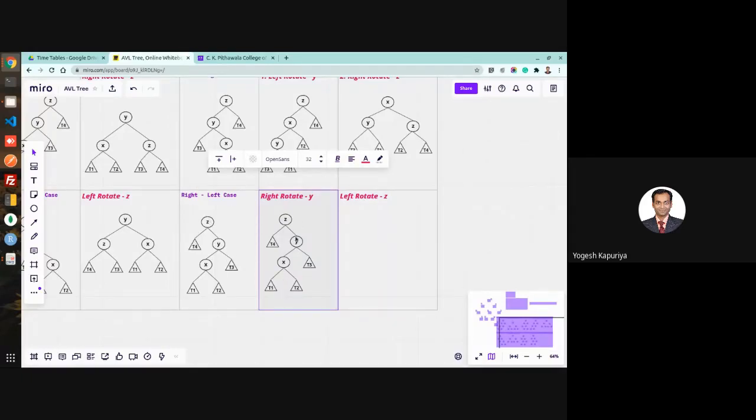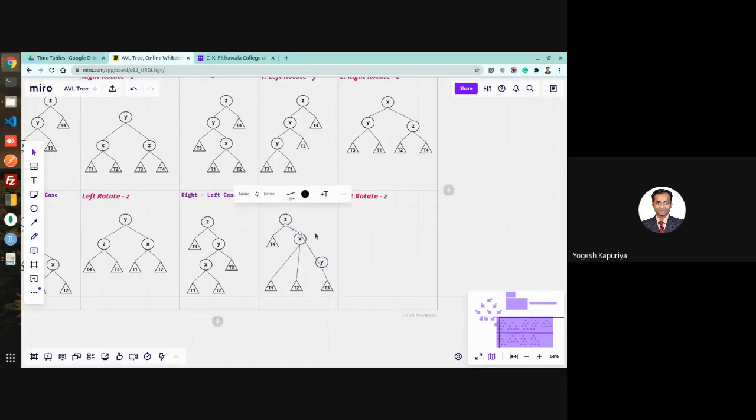So rotate Y. Y is rotated, so X will take its position, and T2 will become the child of Y. So this will be the case.